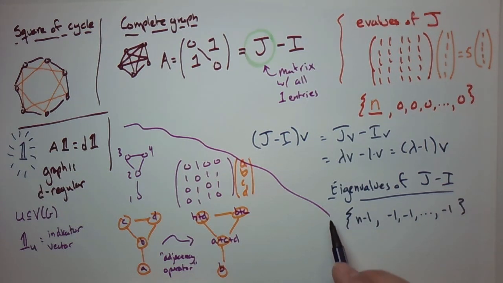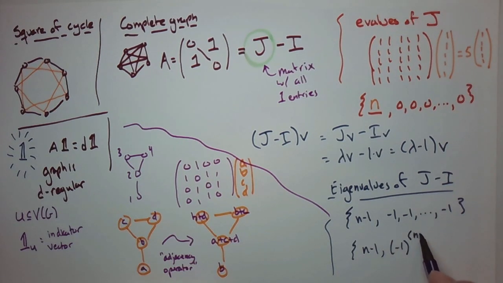And sometimes we will write the notation for this, if we have multiplicity, anytime there's a repeated value, we'll put it in something that looks like an exponent but inside parentheses. So if you see something like this upstairs, it just means this is a repeated value and what you see inside is how often it's repeated. All right, so now we've done eigenvalues of J minus I, which gives us our complete graph.